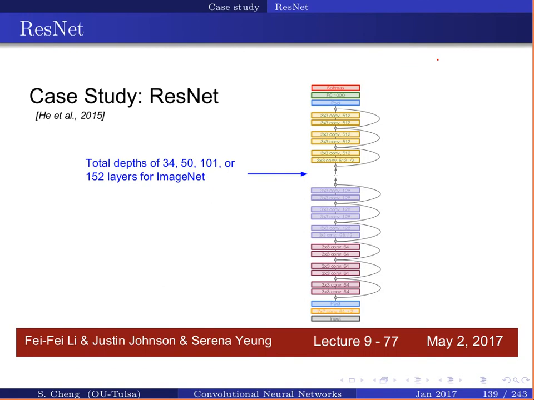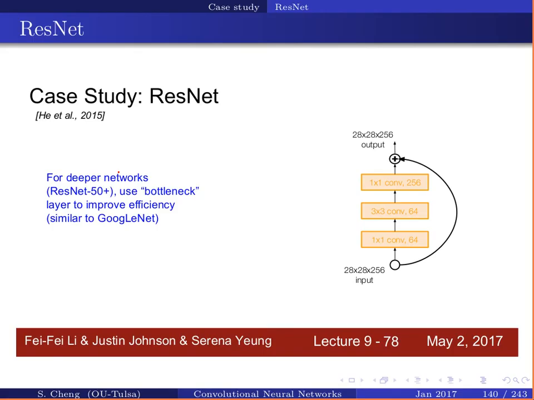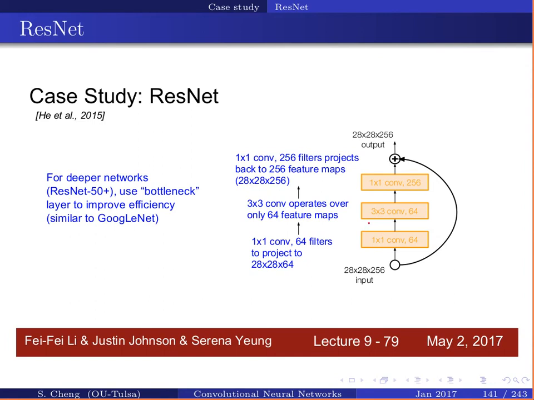And they have different variations here. They try different depths like 34, 50, 101, 152 is the longest one. And also for the deeper network, they also use the bottleneck layer. So basically you use the 1x1 filters to compress the input.